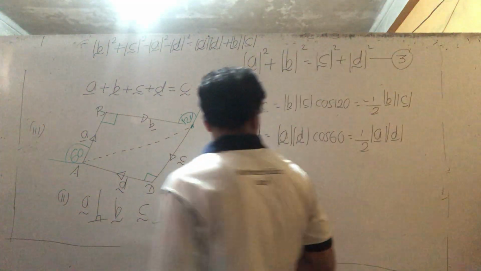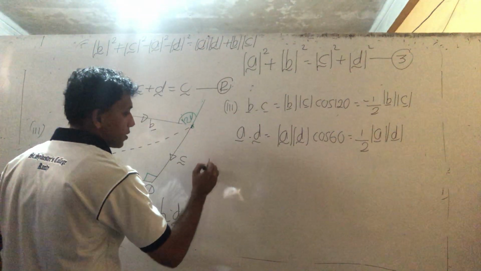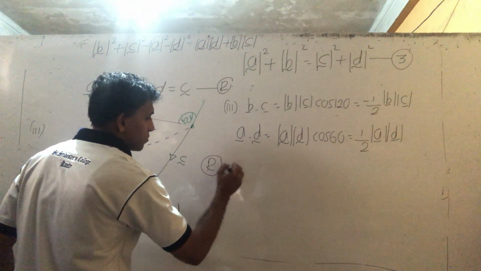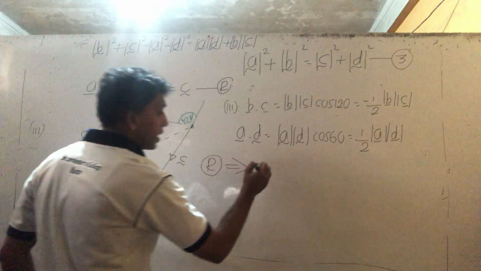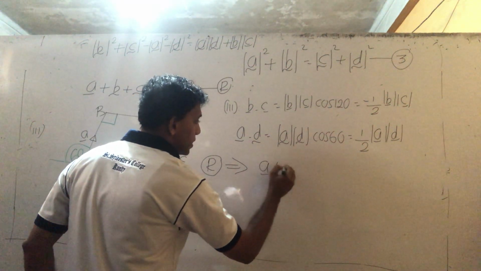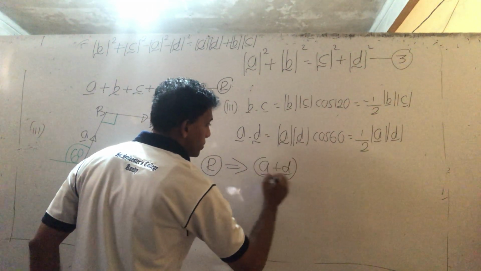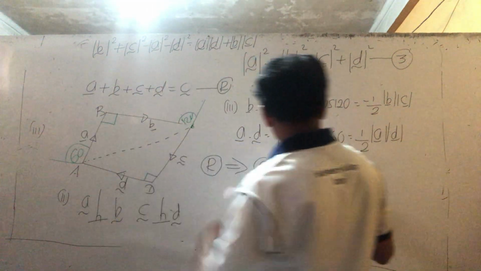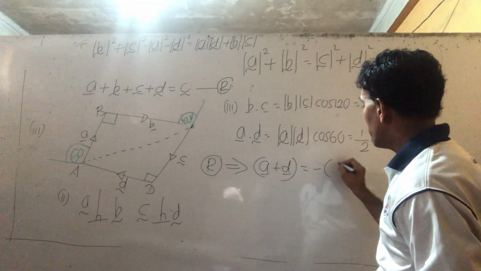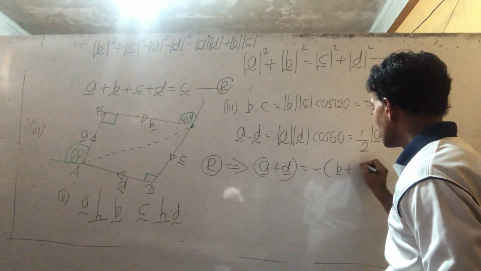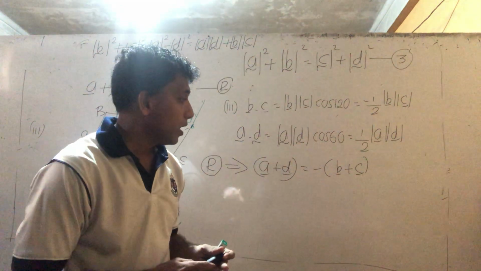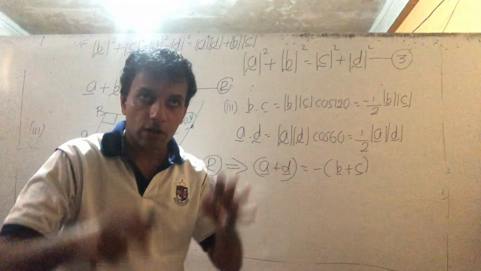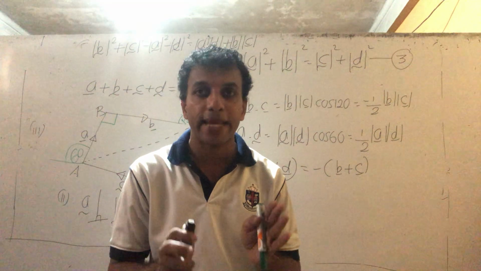So therefore, from this I take A plus D equal to, what? Minus B plus C. Now the product of itself, so a complete application of the scalar product.